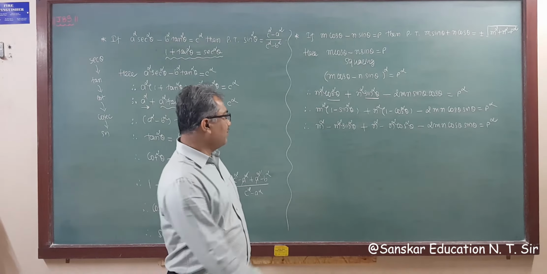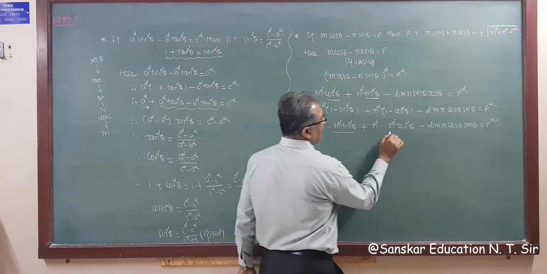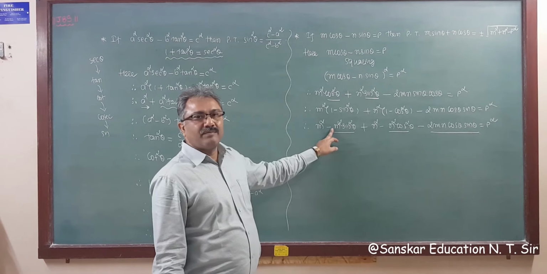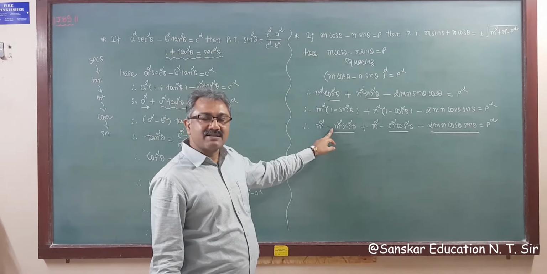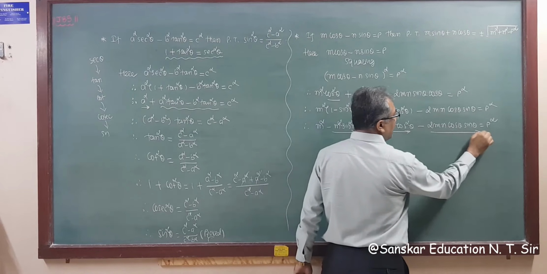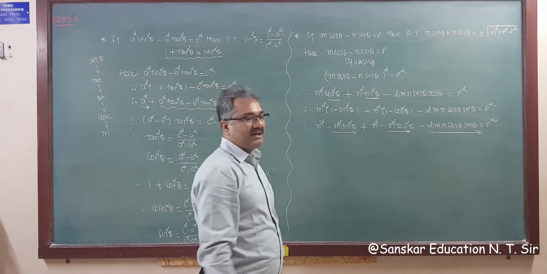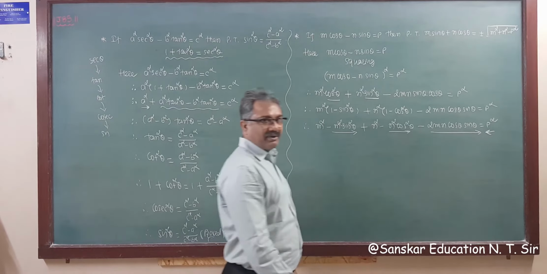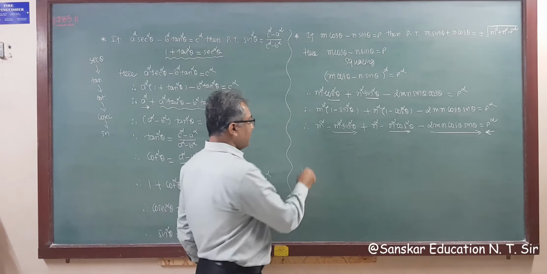Right? Now these are perfect squares, but the coefficient is minus, so we always need plus. So taking these three terms to the right hand side, the minus becomes plus, and taking p square to the left hand side, p square becomes minus. So what do we get?